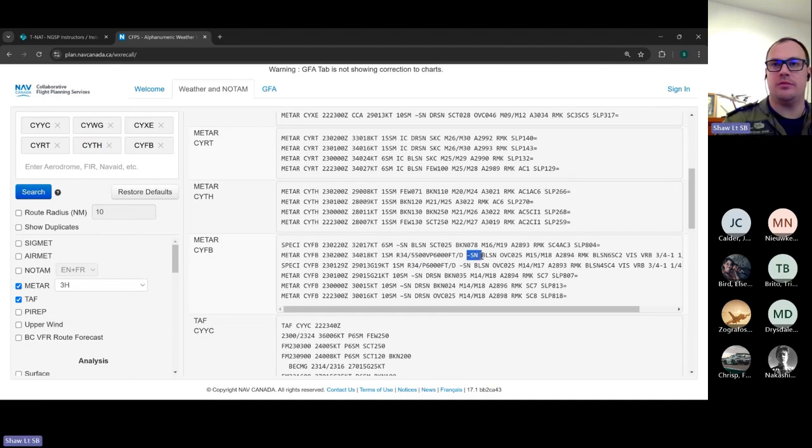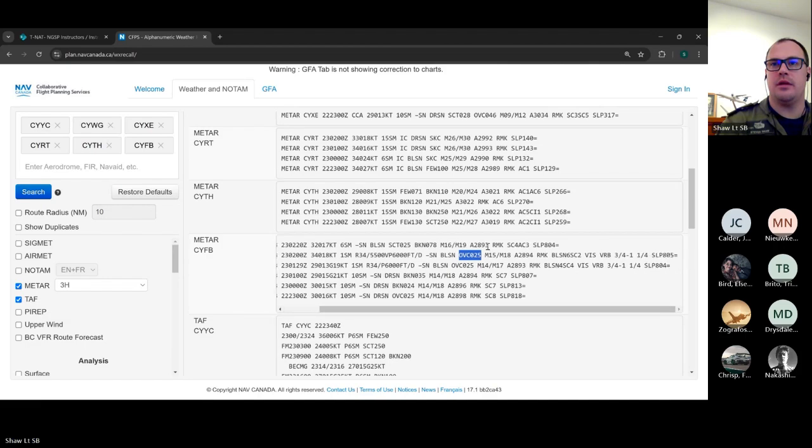Then we have light snow. So -SN means light snow. Blowing snow, overcast at 2,500. Temperature of -15, dew point of -18. Altimeter is 2894, so that's a very low altimeter setting: 28.94 inches of mercury. RMK means remarks.